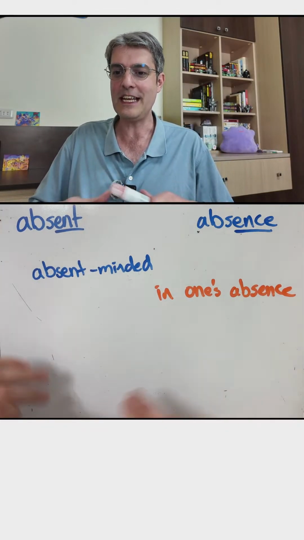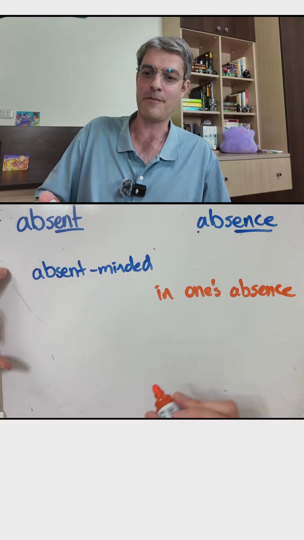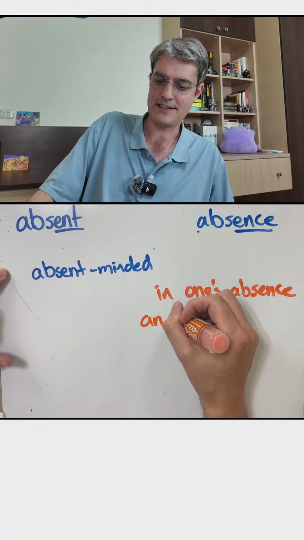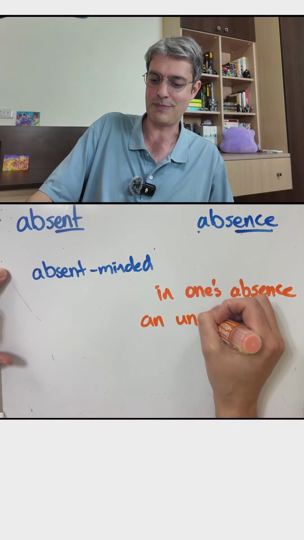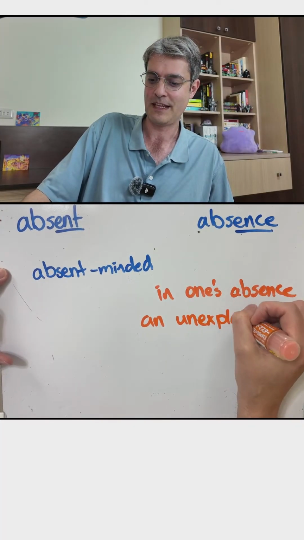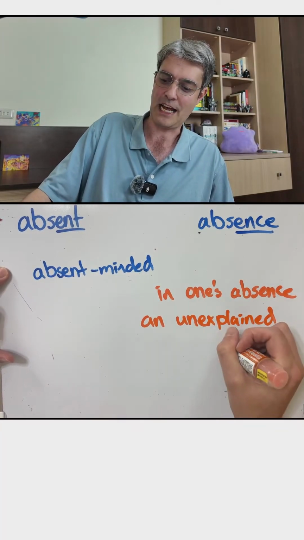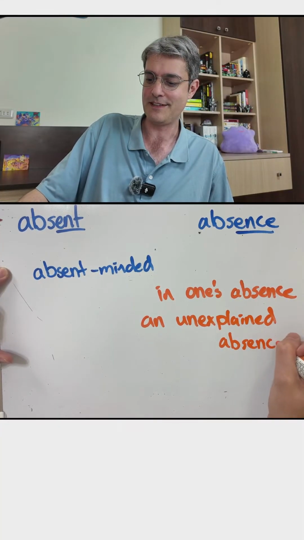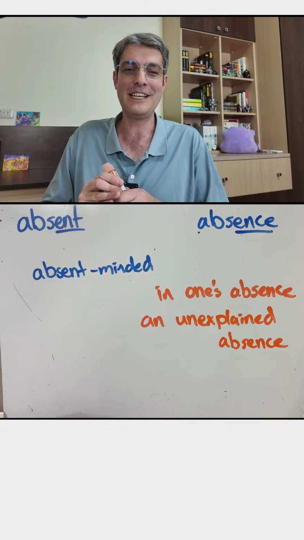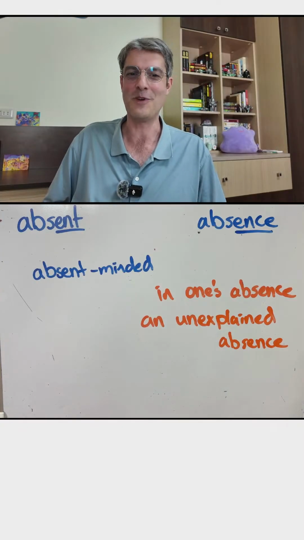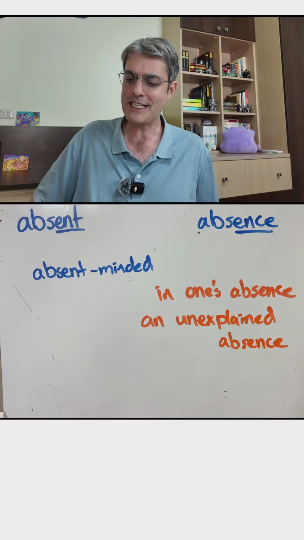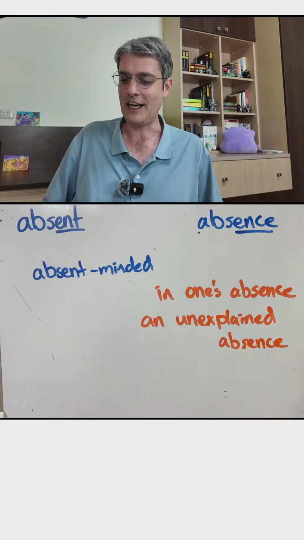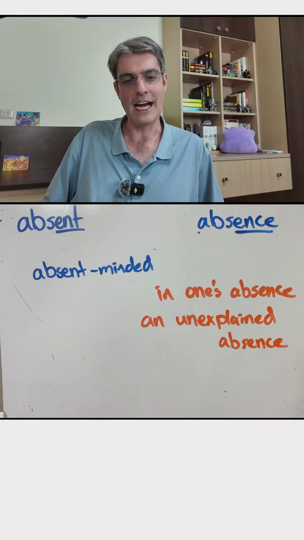So in addition to in one's absence, we may also say someone takes or has an unexplained absence. So this means that someone was absent, they weren't there, and nobody knows why, or they didn't tell you why. So you might see this in celebrity news where somebody is kind of hiding for a while.